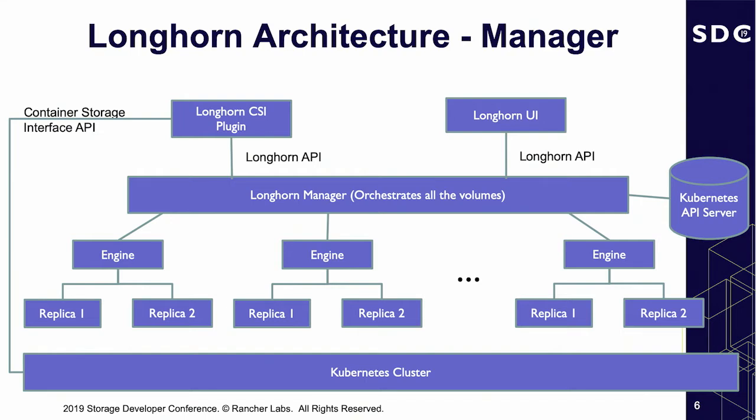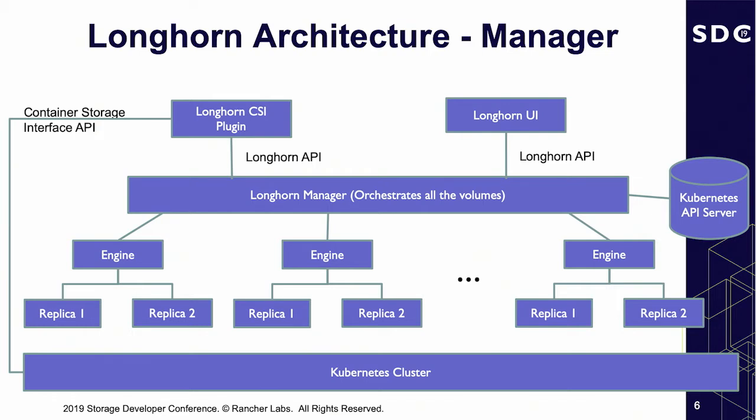But that is not the full functionality of Longhorn. So the Longhorn UI supplements the Longhorn CSI plugin to provide the full functionality: backup, restore, cross-cluster recovery, and so on. All this kind of functionality is exposed in the Longhorn UI.